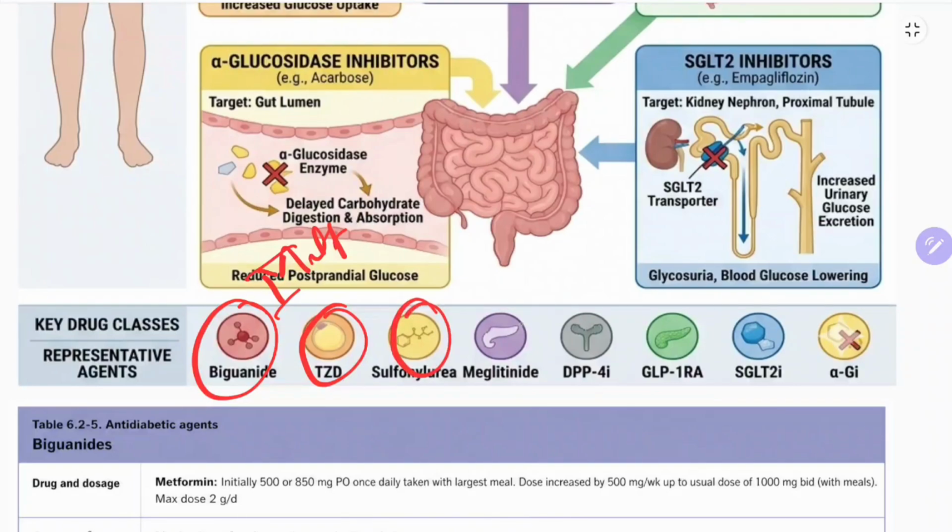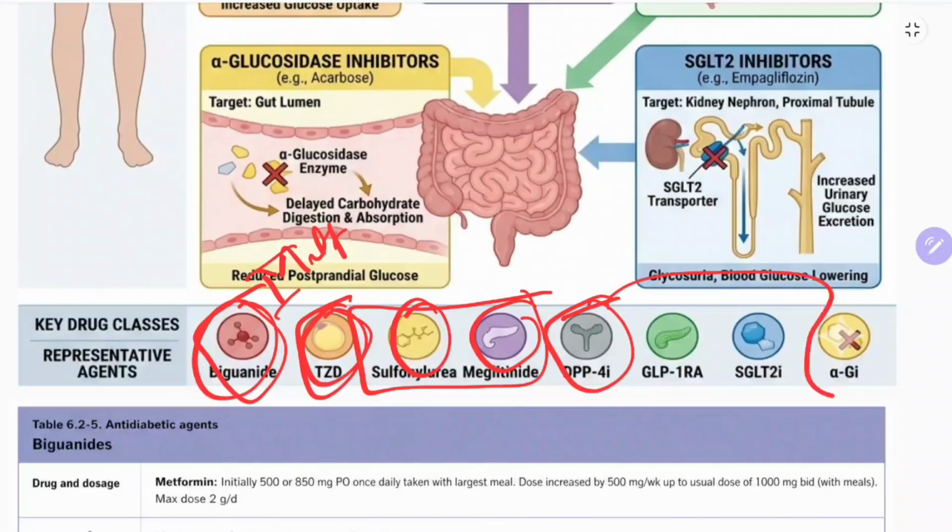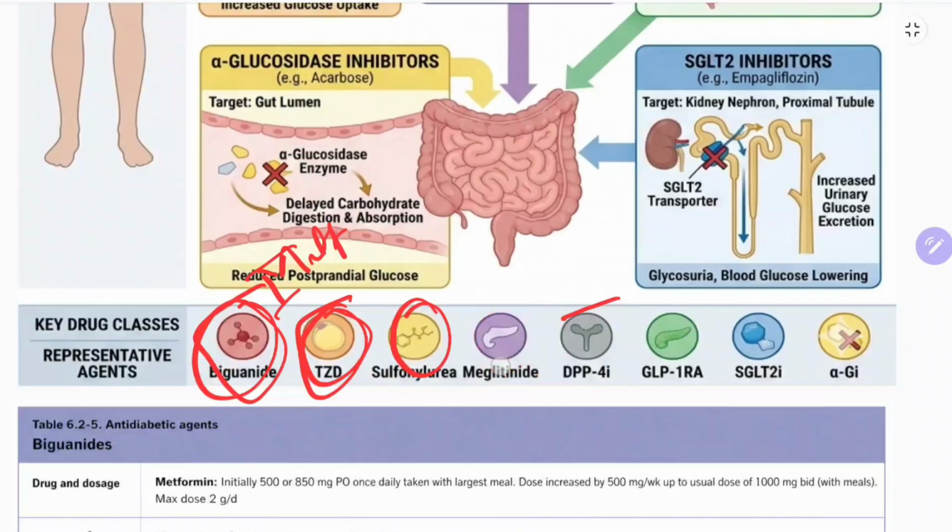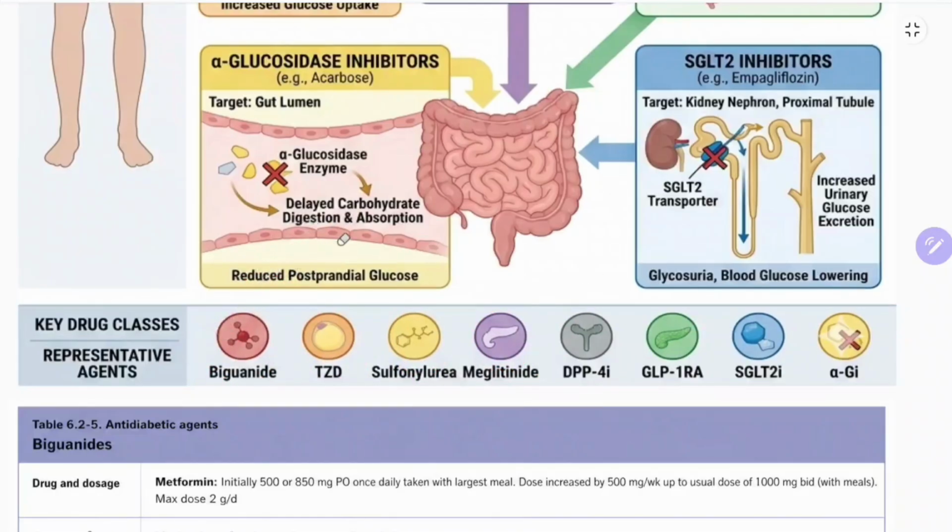Sulfonylureas and meglitinides, these two act on the pancreas. This acts on adipose tissue and skeletal muscle. This acts on the liver. DPP-4 inhibitors and alpha-glucosidase inhibitors act on the gut. GLP-1 receptor agonists act on the pancreas, brain and gut. SGLT2 inhibitors act on your kidney, the nephrons.